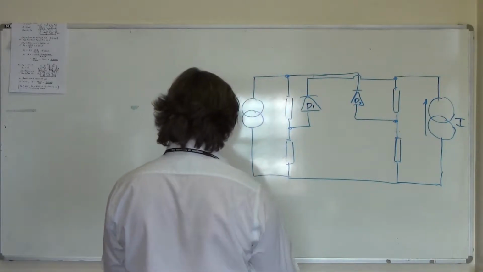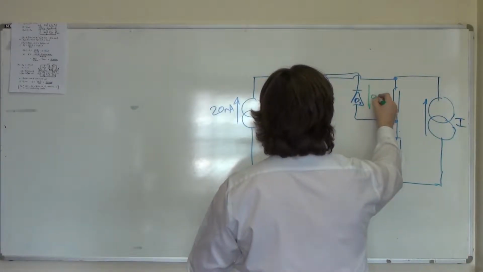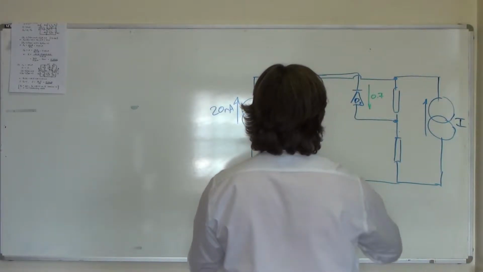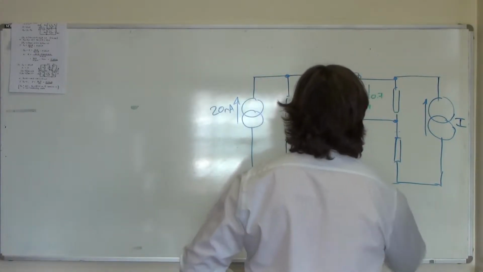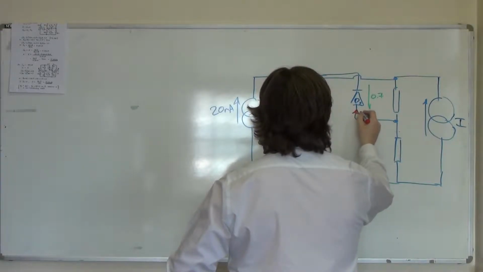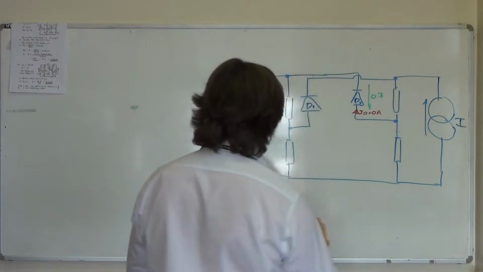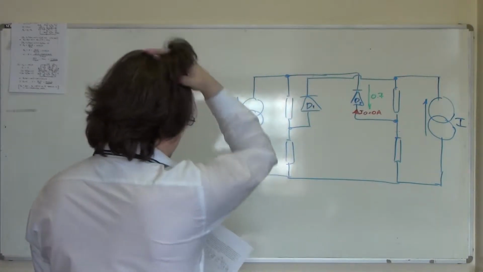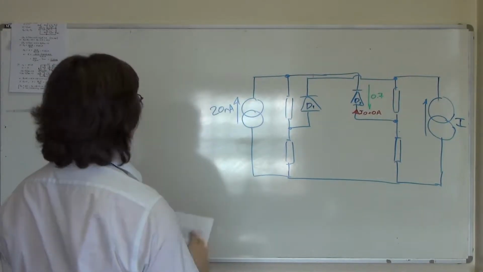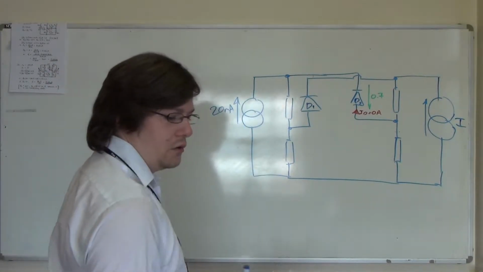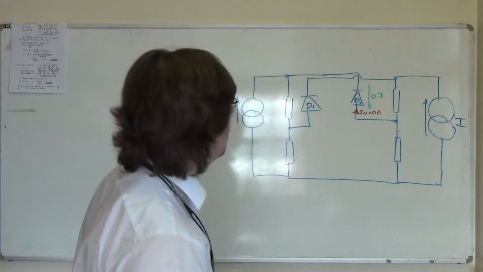So we've got D2 is on the edge of conduction, so 0.7 volts across it and no current through it. And we know from before that D1 was not conducting. So we can do away with D1 because we can assume that it's not conducting again. So D1 disappears.